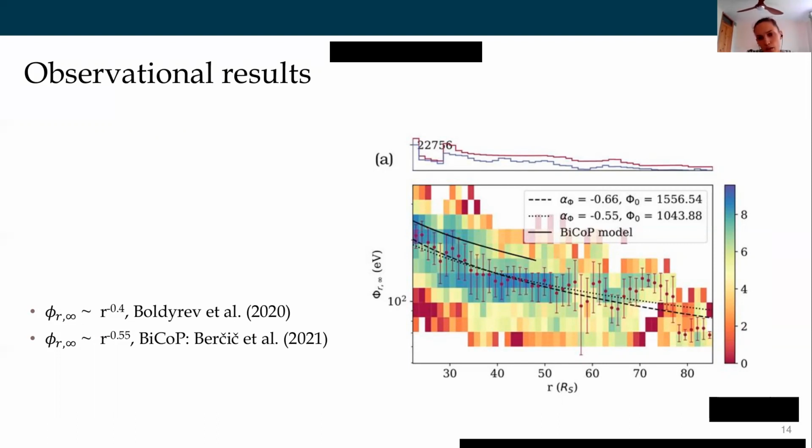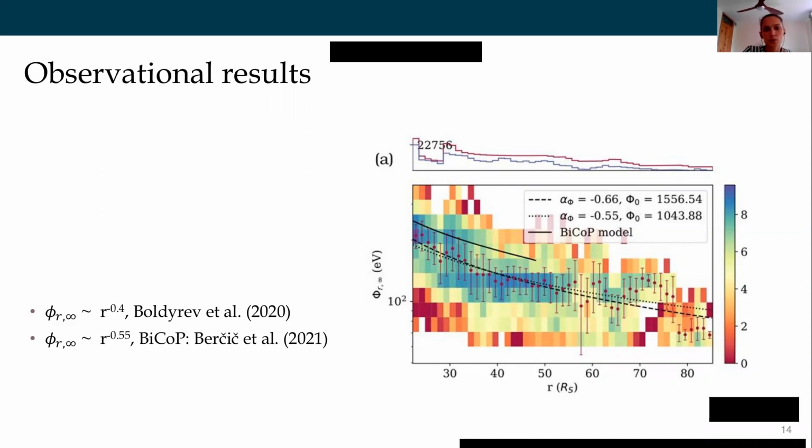The power index that we found was 0.66, which compares very well to the one that we found in VCOP, which was 0.55. In terms of absolute value of this potential, I overplot the VCOP solution that we just saw before, with this black line, which is not exactly what we observed in the solar wind data, but it's quite close. So I think that this seems to all work pretty well.